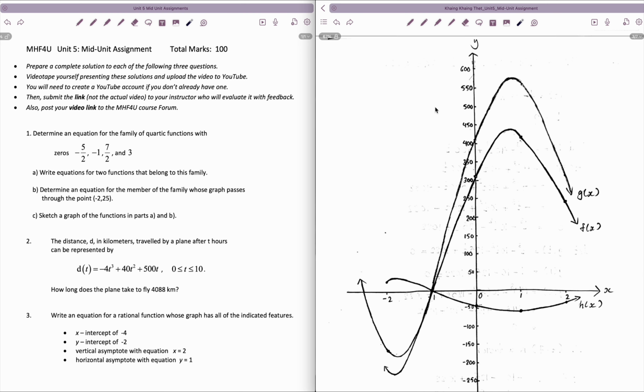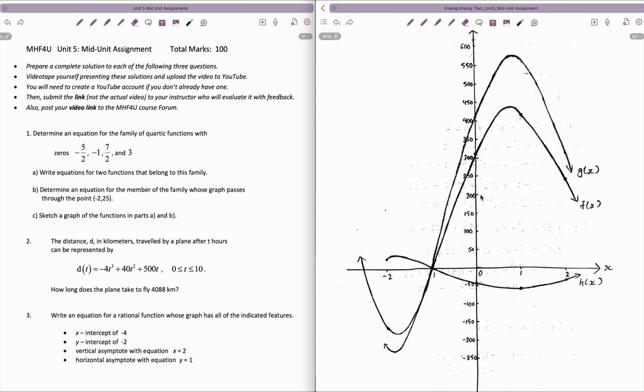In the graph, this is the graph of h of x, this is the graph of g of x, and this is the graph of f of x.